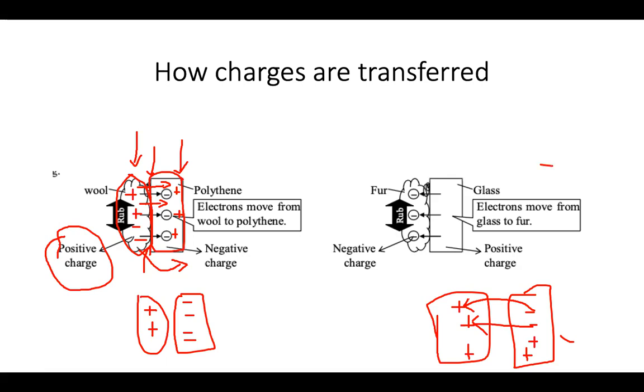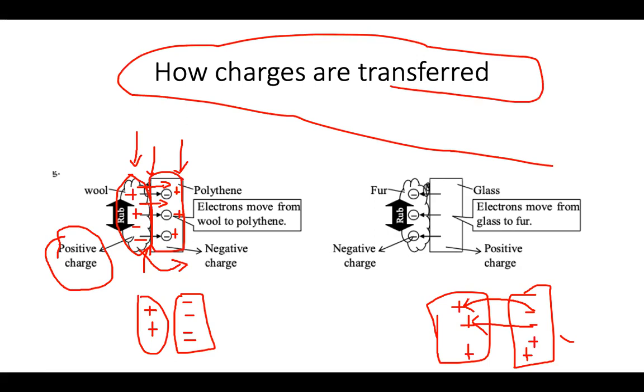We are saying that these charges are being transferred from one point to the other. How are we going to know that this object here has positive charges, and this one here has negative charges? Therefore, there must be an instrument that is used to detect the type of charges possessed by an object, as well as the number of charges.